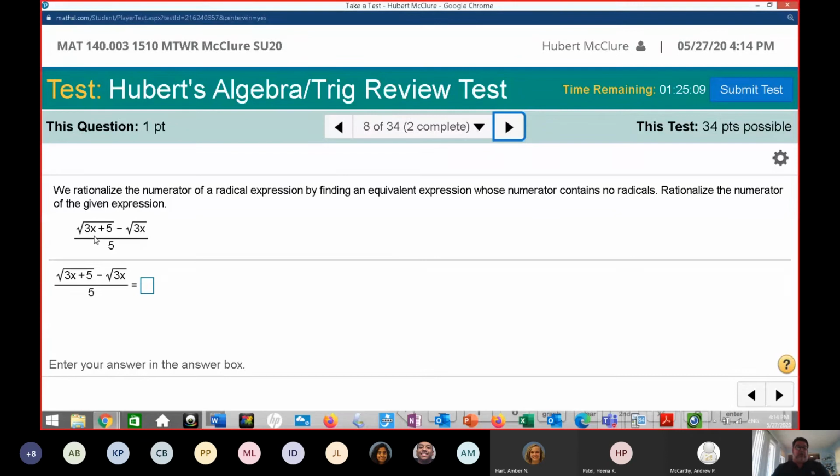That's going to be the conjugate over the square root of 3x plus 5 plus the square root of 3x. And you're going to get 3x plus 5 minus 3x. You're going to get 5 on the top, and you're going to get 5 times the square root of 3x plus 5 plus the square root of 3x. You might distribute that. I don't know if they want you to distribute it or not. You can.